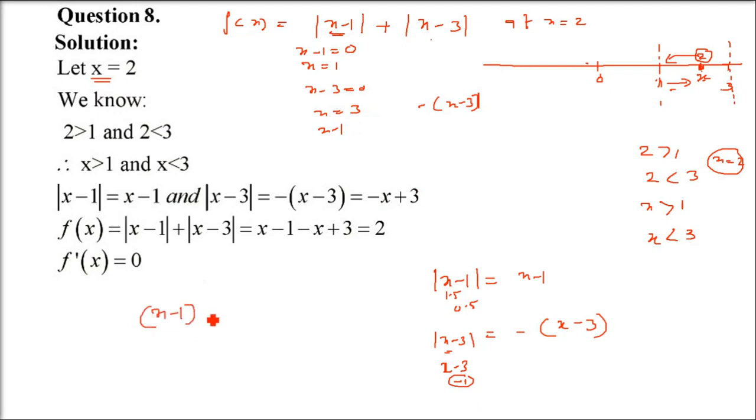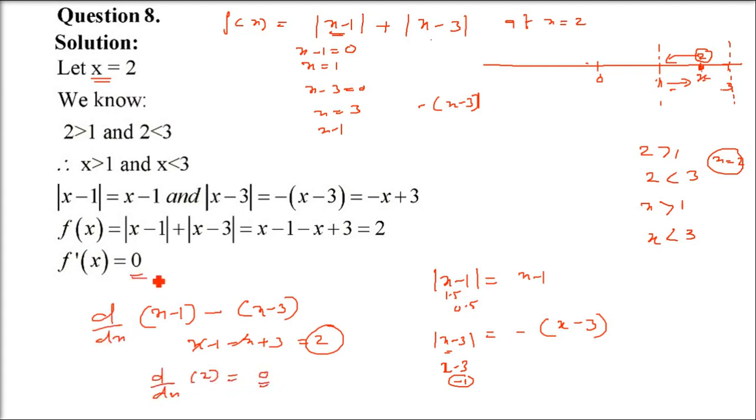So x minus 1 positive and x minus 3 negative: x minus 1 minus x plus 3, cancel this x. 3 minus 1 is 2. Now d by dx, you have to find out f dash x. D by dx of a constant number is 0. So d by dx of 2 is 0.